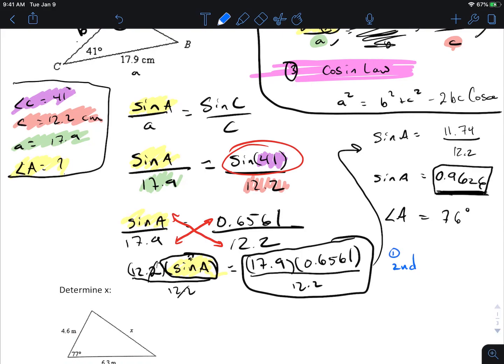That changes the button, and you will then see where sine was, you will see this. If you hit that button, you would type in 0.9626, hit second function, and that'll give you the angle.